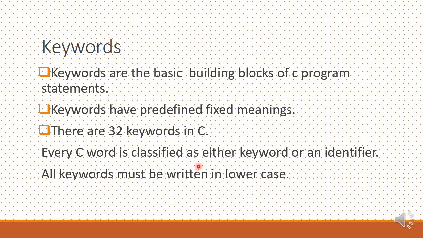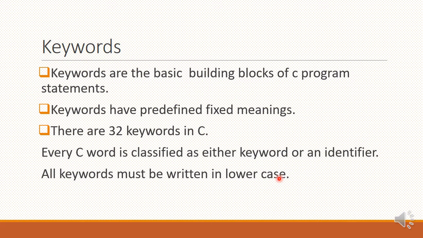Every C word is classified as either a keyword or an identifier. All the keywords must be written in lowercase letters. I already told you that writing a C program is in lowercase letters. Sometimes, whenever you are writing string names, we use capitals, but you cannot use the keyword name in capital letters.